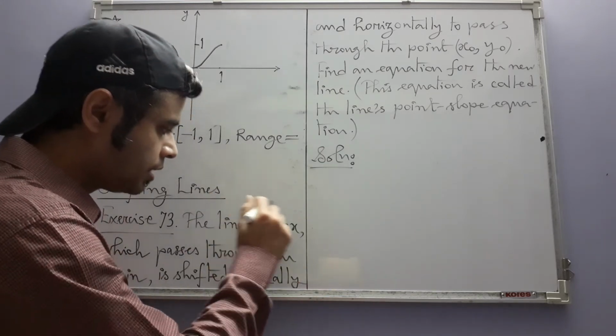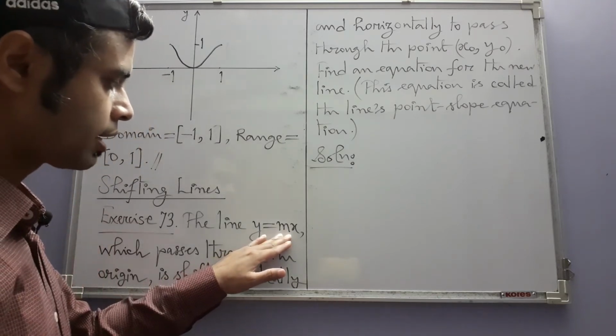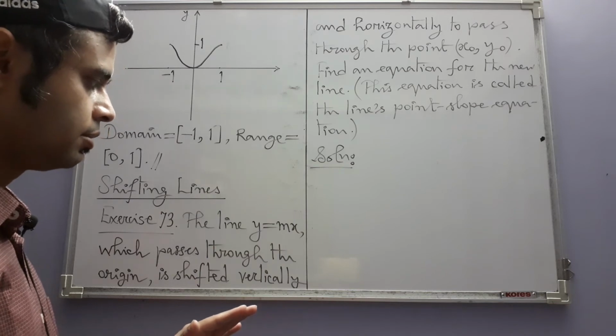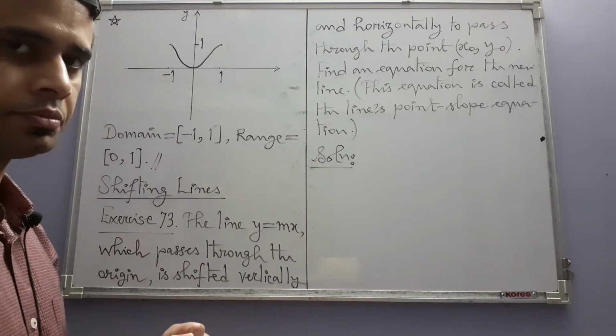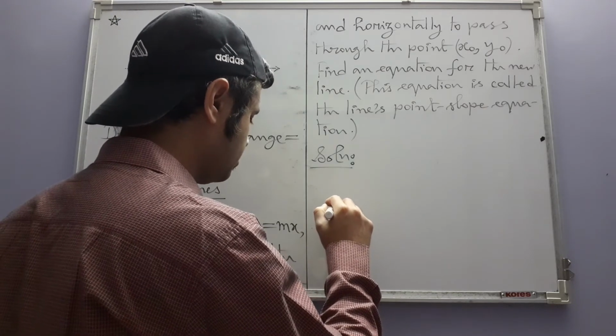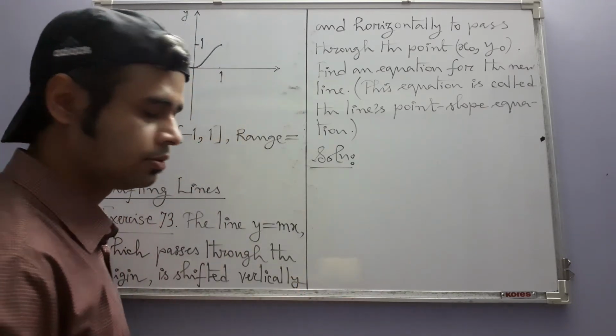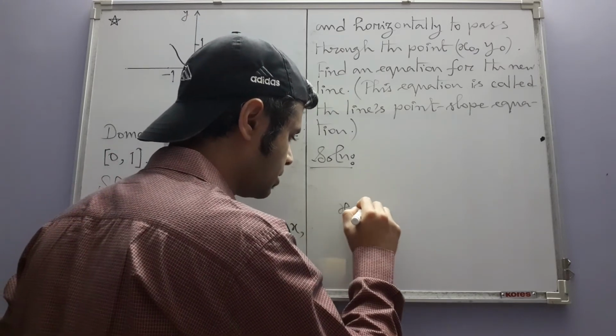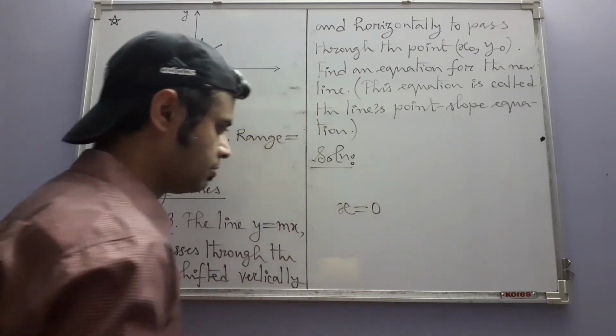Now this equation takes into account almost all straight lines passing through the origin except one, the vertical line, that is the y-axis, whose equation is x equal to 0.